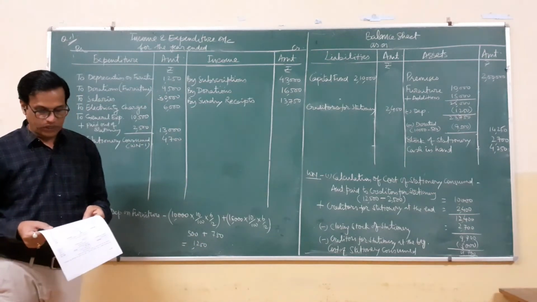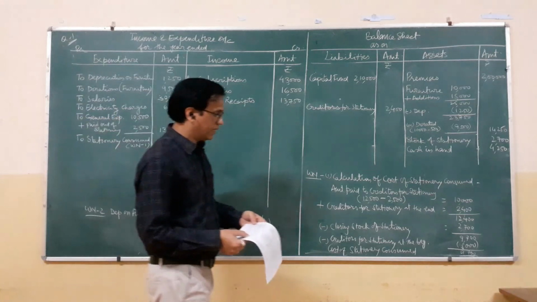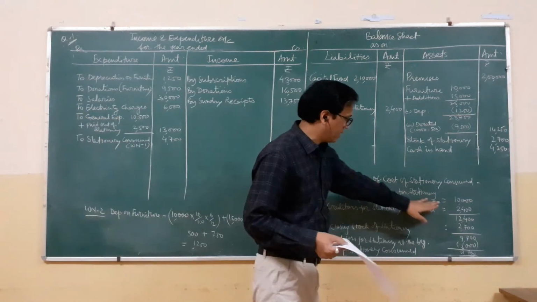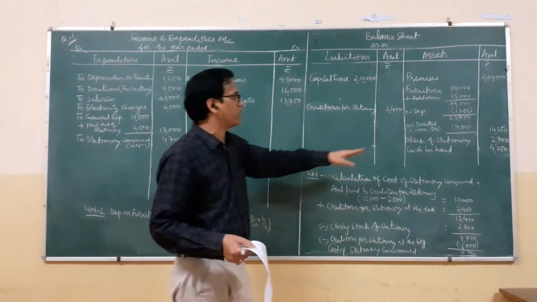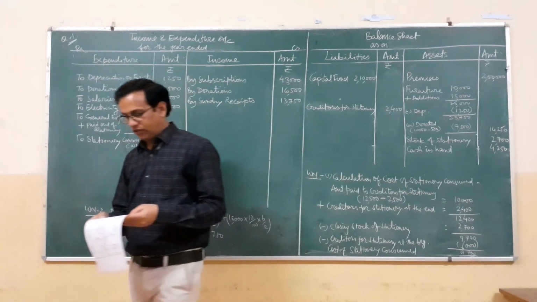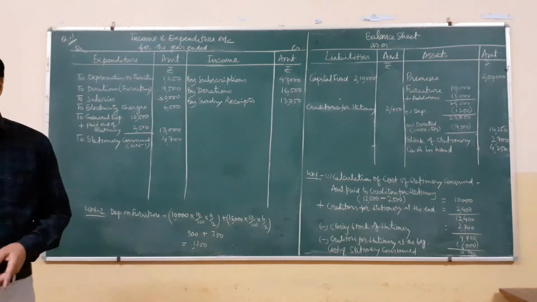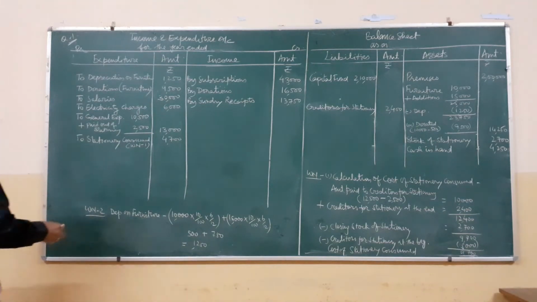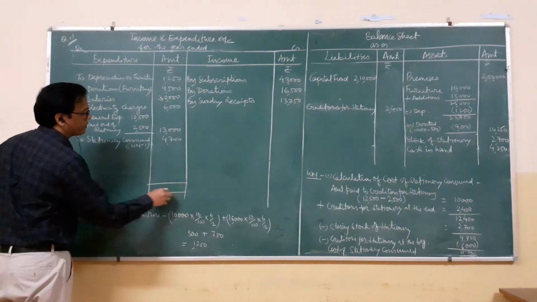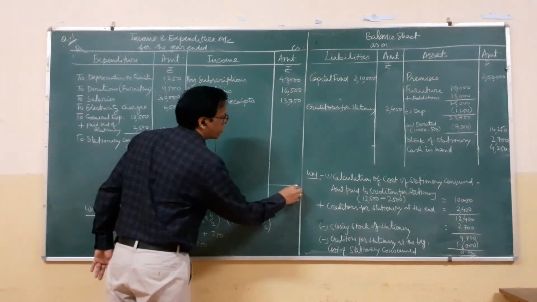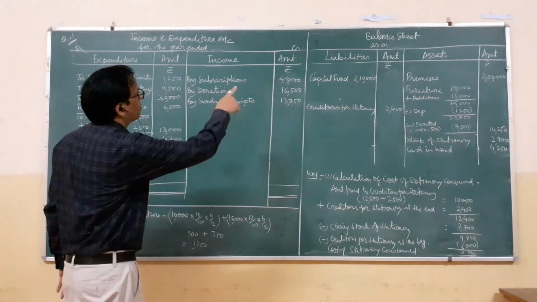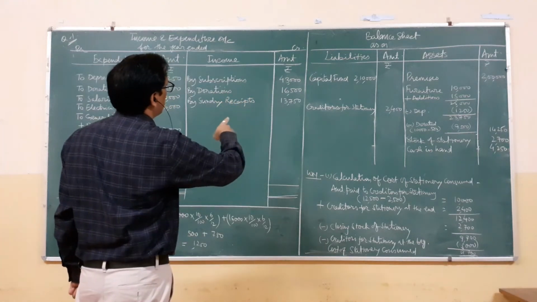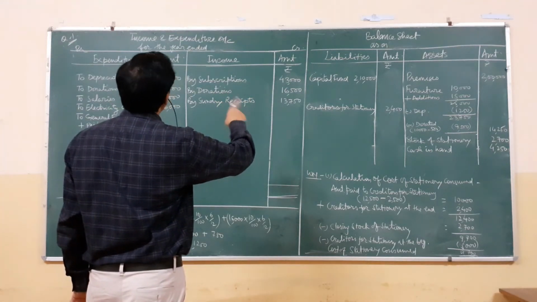Then creditors for stationery at the end that we have written here, and we have used here in this formula also, and the value of unused stationery we have taken here, yes, and used in the formula too. So all the items taken. Now one by one we will calculate. First the surplus amount to be calculated, or deficit, whatever it is. So here 43 plus 16, 59 plus 13, 72.